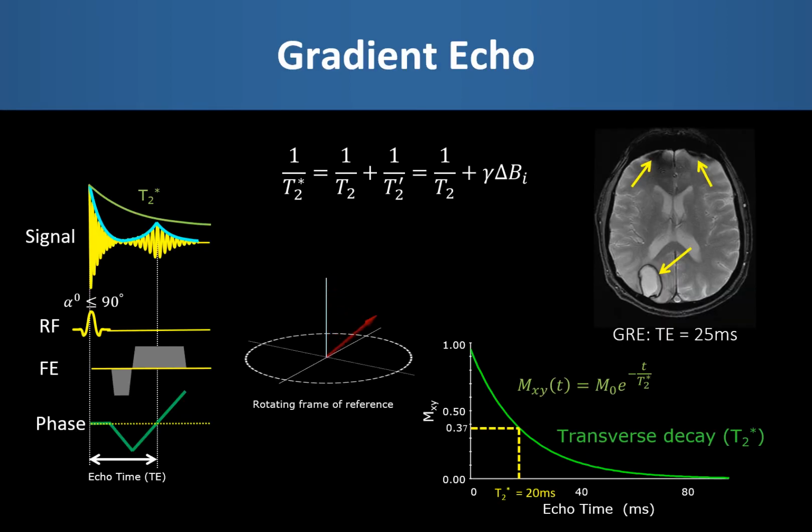The last pulse sequence I want to briefly explain is the gradient recalled echo sequence. In comparison to the spin echo sequence, a gradient echo sequence does not use a 180-degree refocusing pulse.